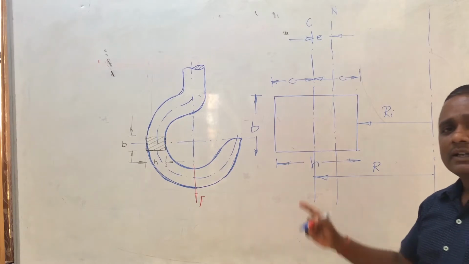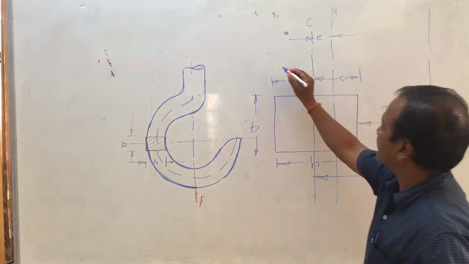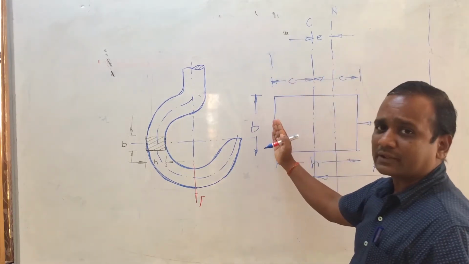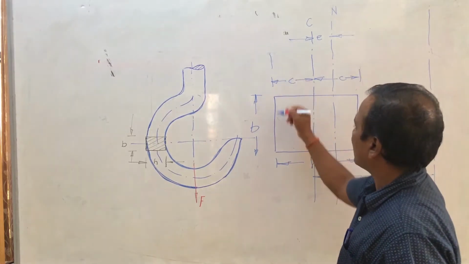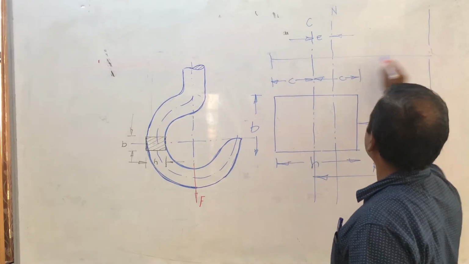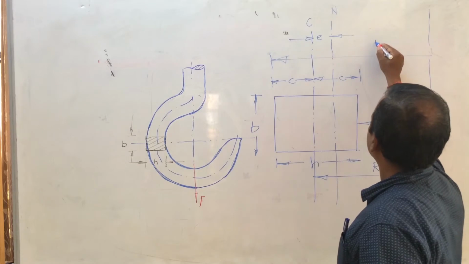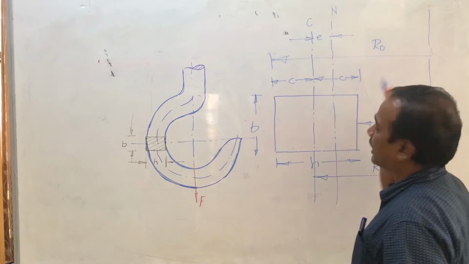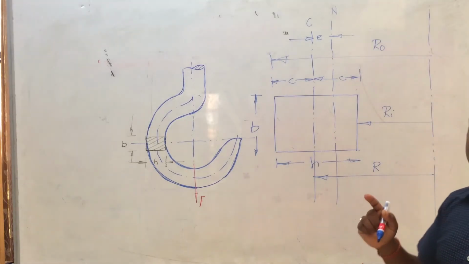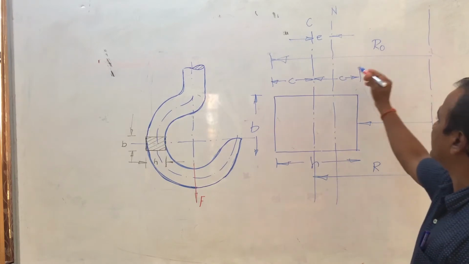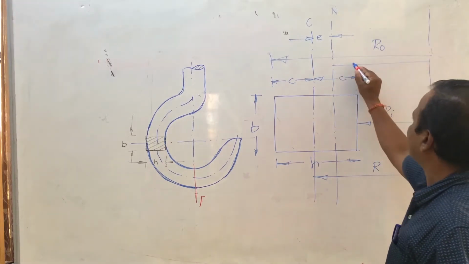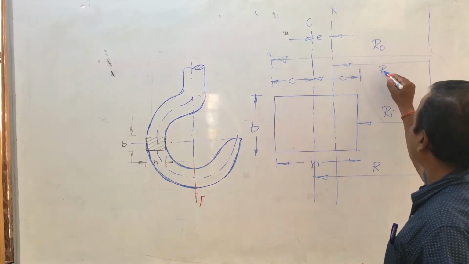The distance between the member axis and the outer race of the curved beam or member, I term Ro, outer. The distance from the member axis to the neutral axis, I call RN.